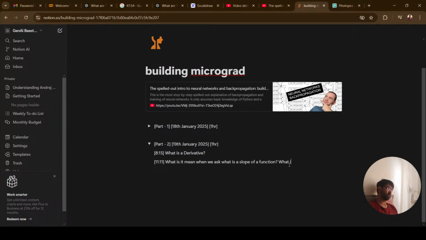What does it actually mean when someone says the strength of the slope or the response of the slope? We can say response is understood.